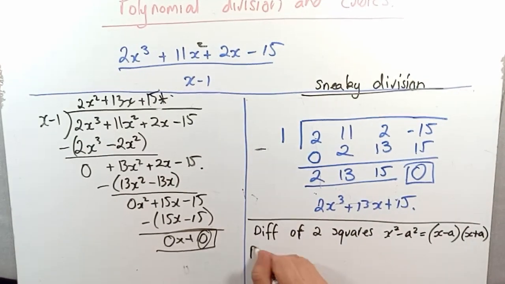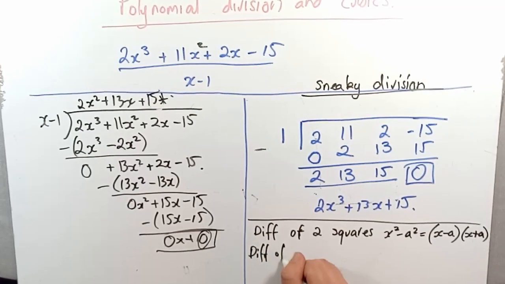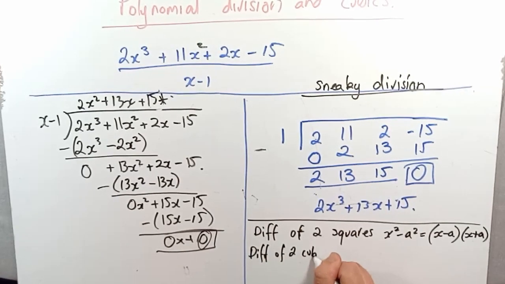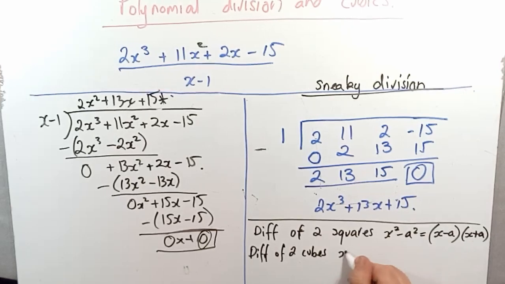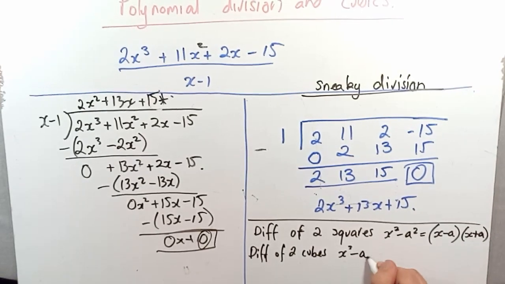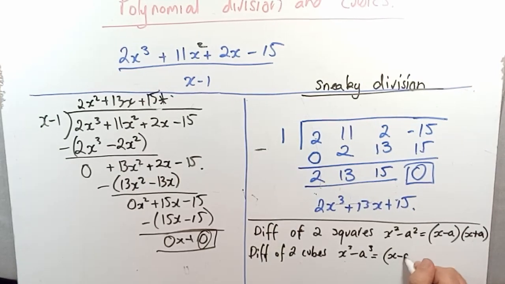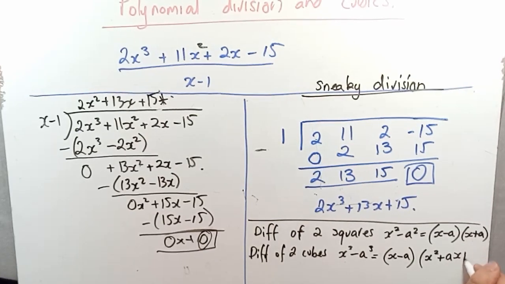We used that before. Okay, difference of two cubes. So if you've got x cubed minus a cubed, then that becomes x minus a, x squared plus ax plus a squared.